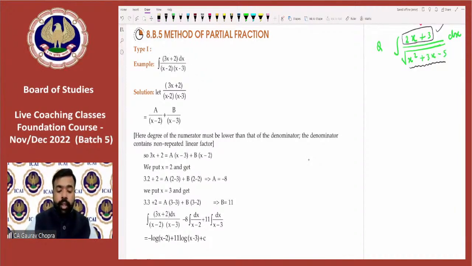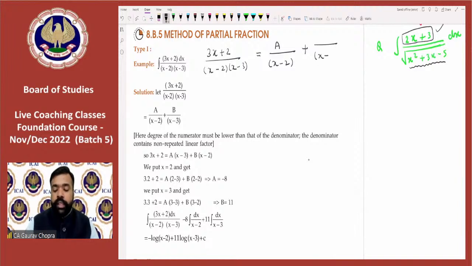In this method, what we have to do is split them. How to split them? Let's understand. 3x plus 2 divided by x minus 2 and then x minus 3. Now we want to split them. Since x minus 2 and x minus 3 are in the LCM, we directly cannot split them. So we let the numerator of x minus 2 be a and the numerator of x minus 3 be b.